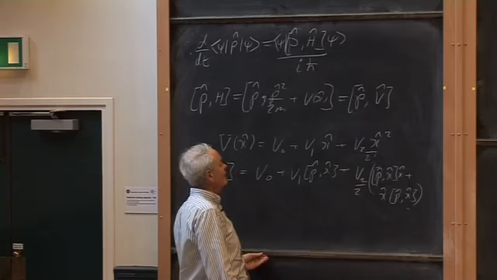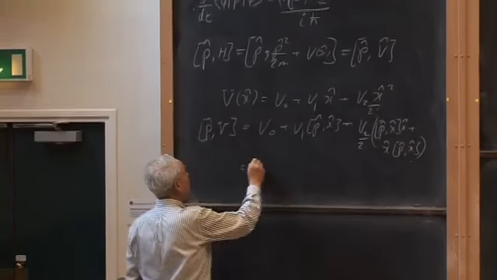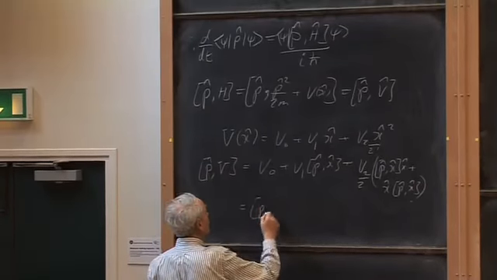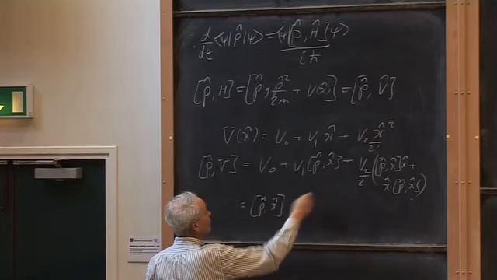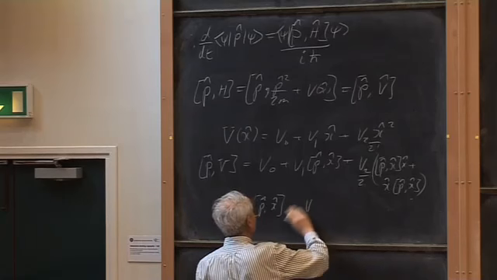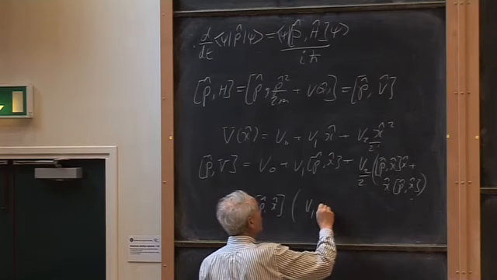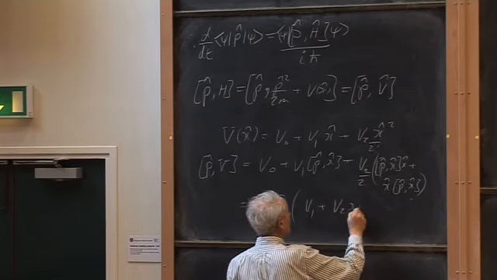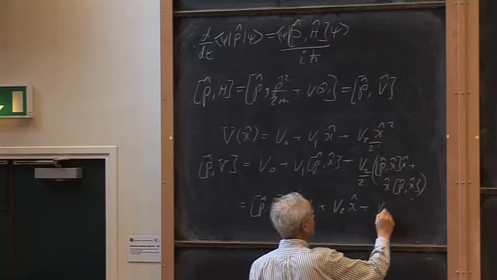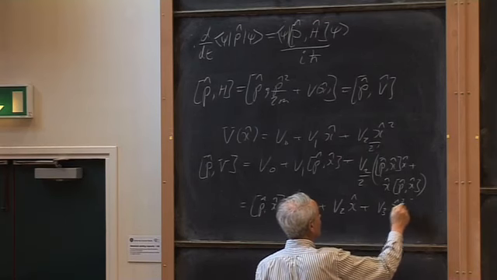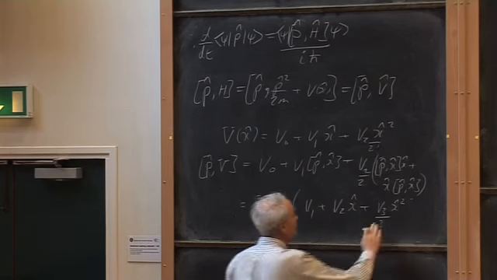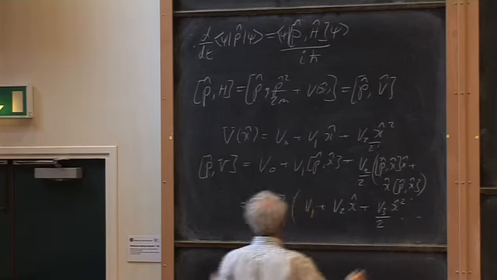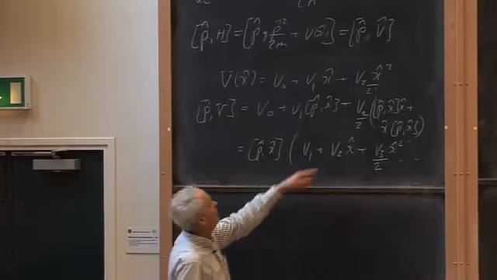And at the end of the day, we are looking at p comma x, a common factor in all these terms, times the brackets V1 plus V2 x plus V3 x squared over 2, et cetera, which is the Taylor series for dV by dx.